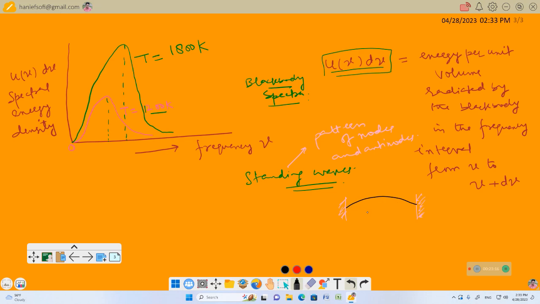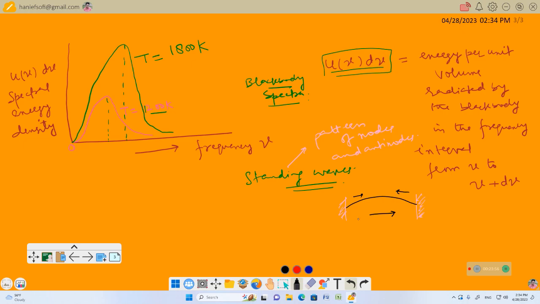If a wave travels in this string in this direction, and the wave is reflected at the end, and you send another wave in this direction, the traveling waves moving in opposite directions interfere and the standing wave is produced. So mathematically, a standing wave is a mixture of two traveling waves moving in opposite directions. When they interfere, in the medium the standing wave pattern is produced.